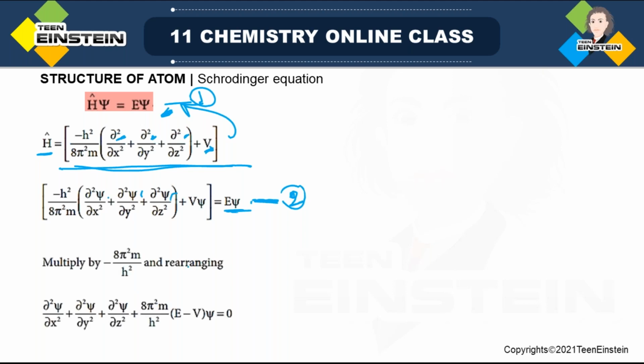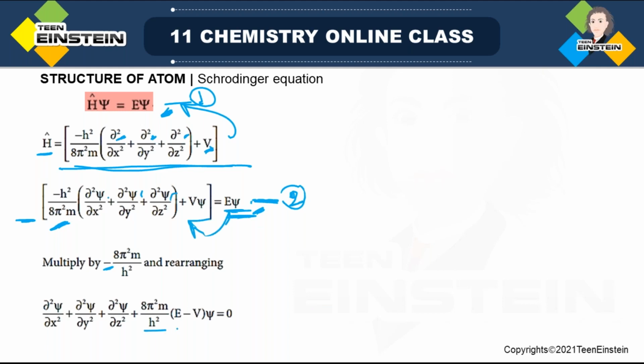If you multiply both sides by the inverse of this, h square by 8 pi square m, then on the left hand side it will be cancelled, right? The negative sign will also be cancelled because you are multiplying with a negative sign also. And on the right hand side, there will be 8 pi square m by h square. So bring that quantity to the left hand side.